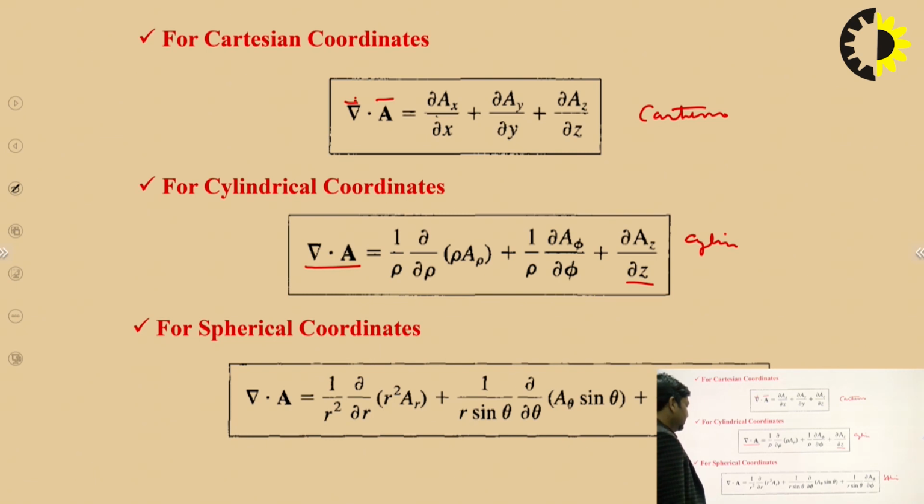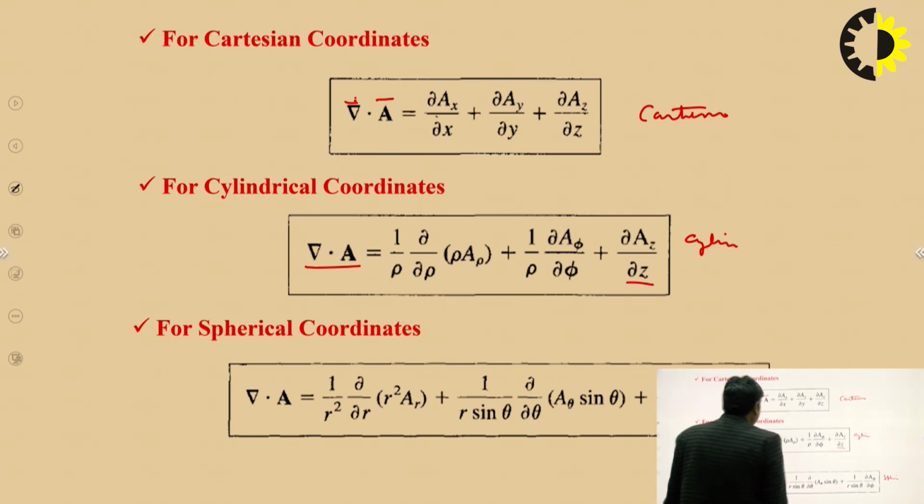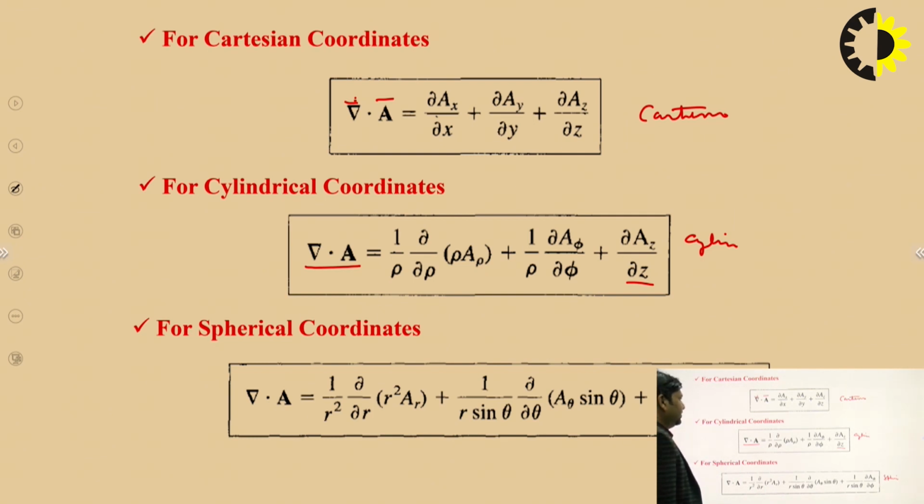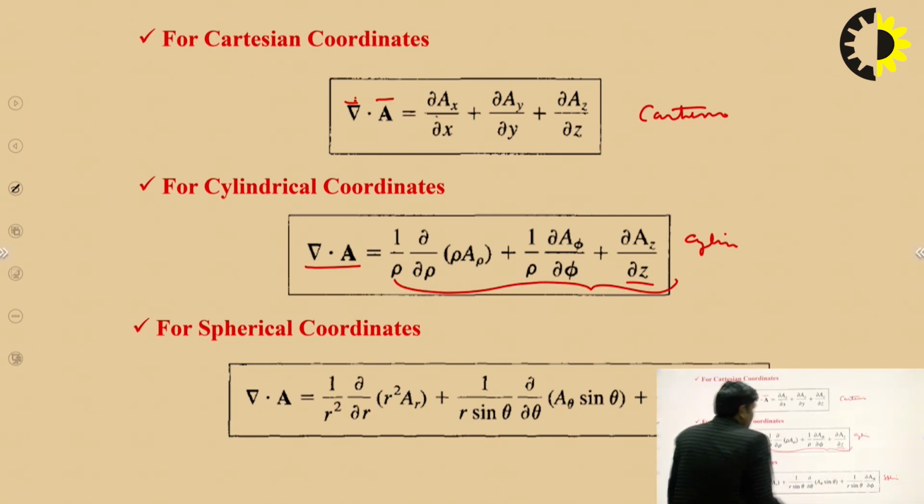In the spherical coordinate system, we calculate it by 1 by r squared del over del r of r squared Ar, plus 1 by r sin theta del over del theta of A theta sin theta, plus 1 by r sin theta del A phi upon del phi. So we can easily calculate the divergence of any vector field, which gives a scalar field. By using this formula, we easily calculate it.